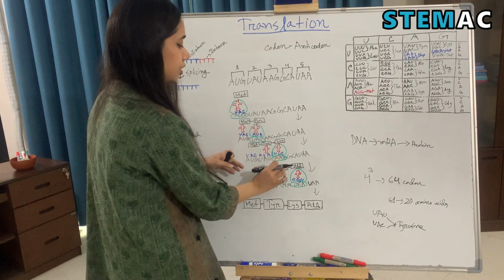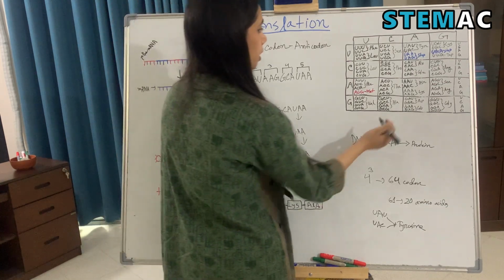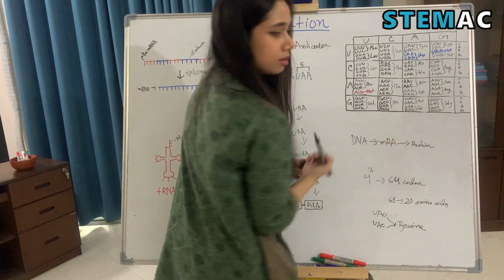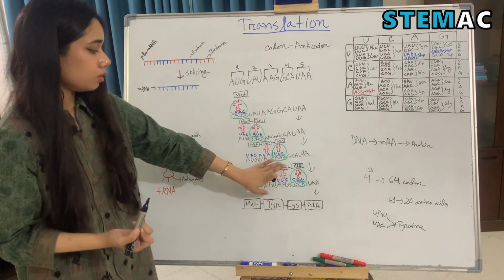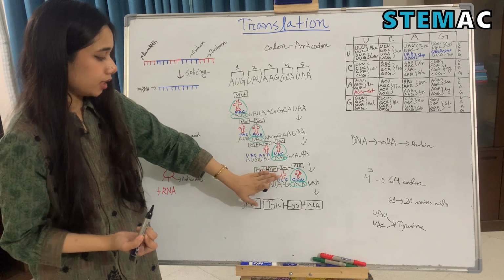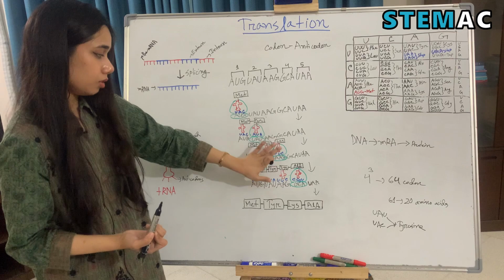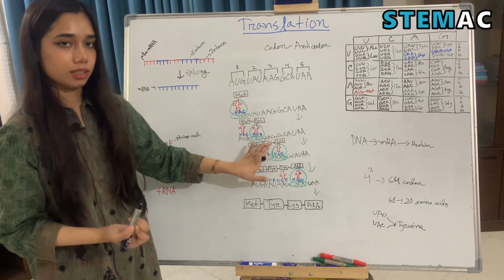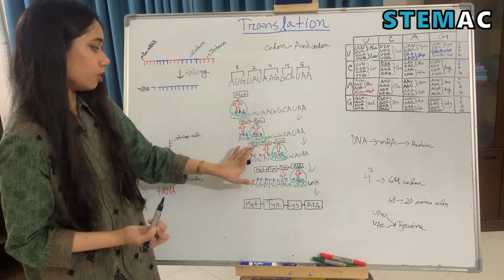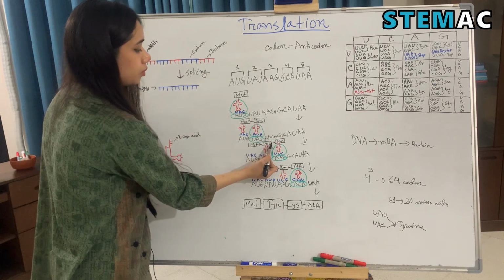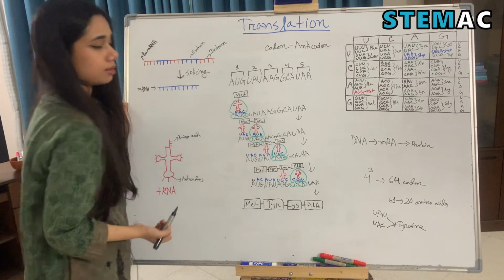This AAG codon will code for, let's see, this, right, lysine. So lysine will come and attach to the AAG codon with the help of the new tRNA. So we have now got methionine, tyrosine and lysine, and tyrosine will then form a peptide bond with lysine.